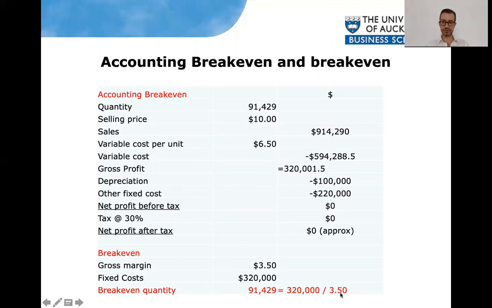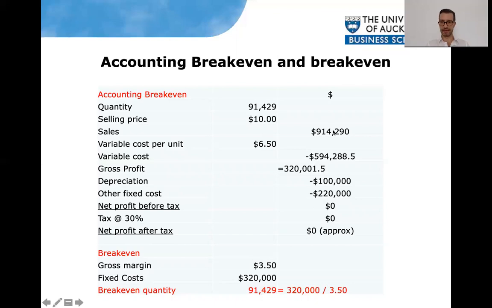Once I have the gross profit per unit, I take the total fixed cost, which is $320,000, as you can see from the previous slide, divided by 3.50, and this gives me 91,429. Then $91,000 times $10 of selling price gives me total revenues of $914,000. Then for all the variable costs, 91,000 products sold times 6.5 variable cost gives me $594,000 in total variable cost.